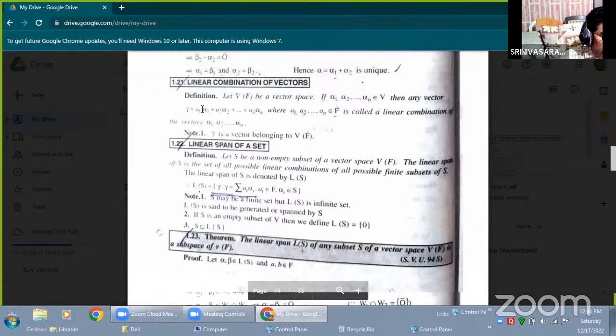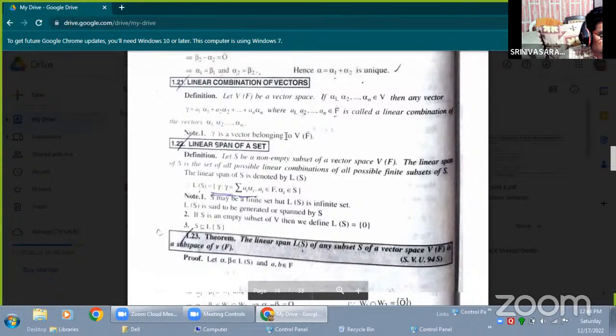This combination equals a vector gamma, that is gamma equals A1 alpha 1 plus A2 alpha 2 plus and so on plus An alpha n. This type of expression is called a linear combination of the vectors alpha 1, alpha 2, up to alpha n.